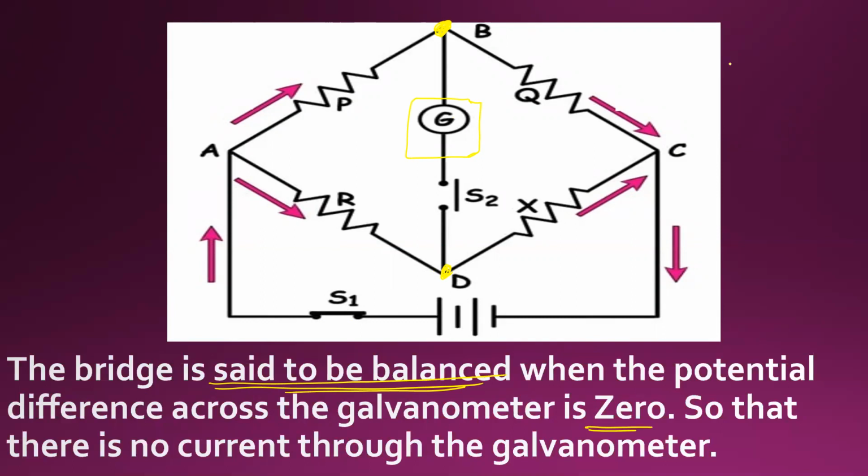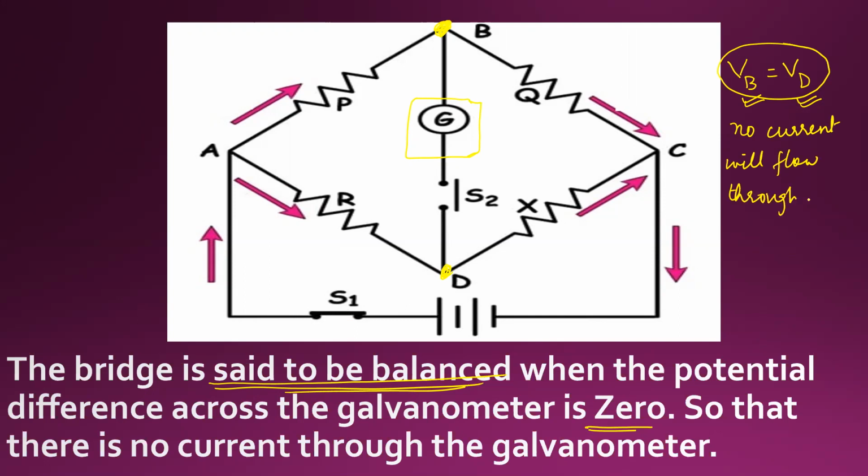Across the galvanometer is 0 means the potential at B must be equal to the potential at D. If the potential at B and the potential at D are the same, that means no current will flow through the branch BD or through the galvanometer.